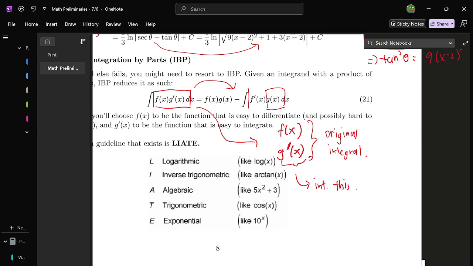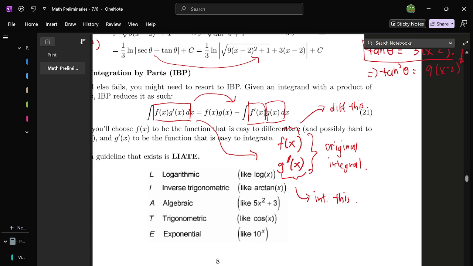And since you have an f prime(x) on your other side, you will need to differentiate this. So you might think that it's counterintuitive because we are still integrating something for this to work. But it really isn't counterintuitive because we are choosing a function such that this is easy to integrate.